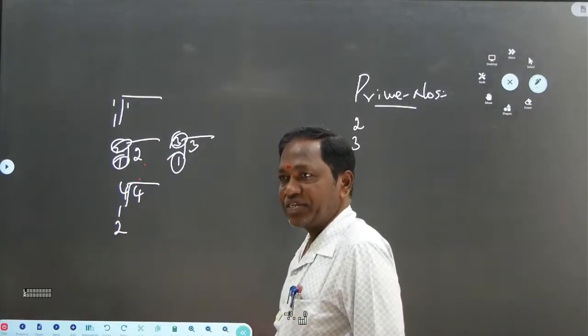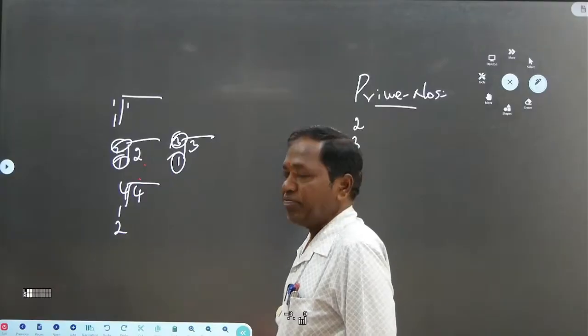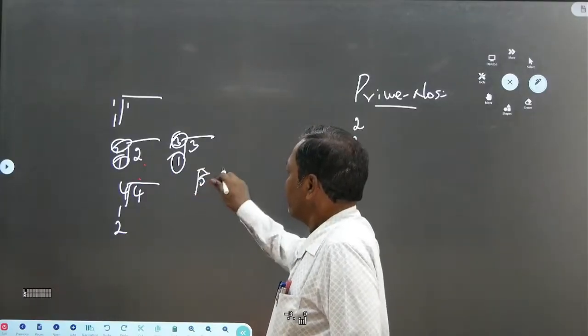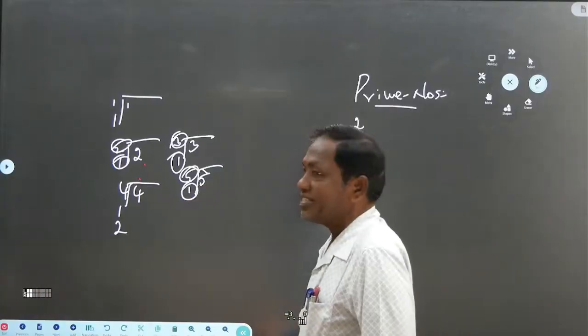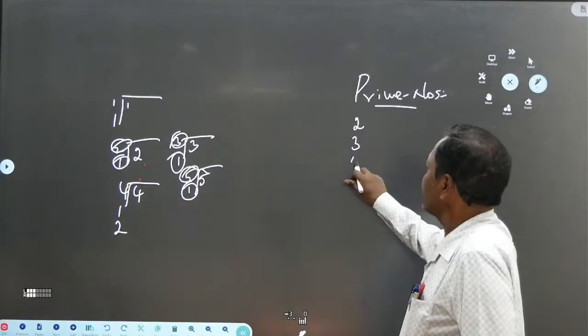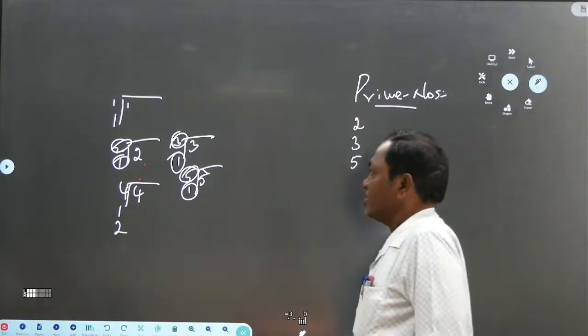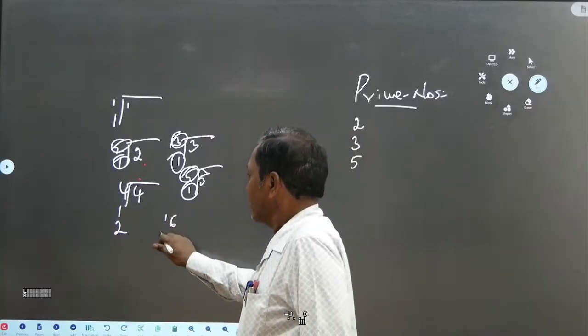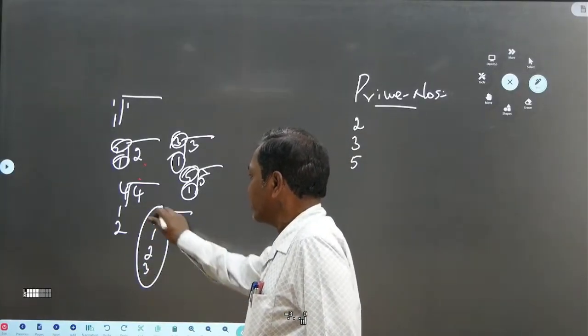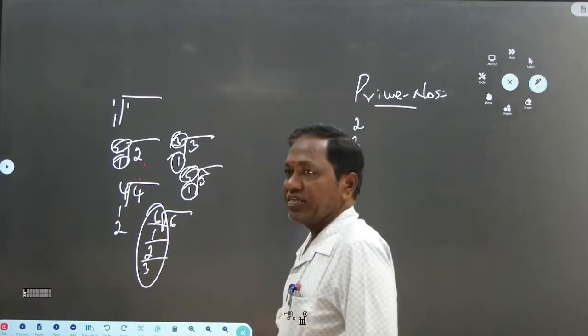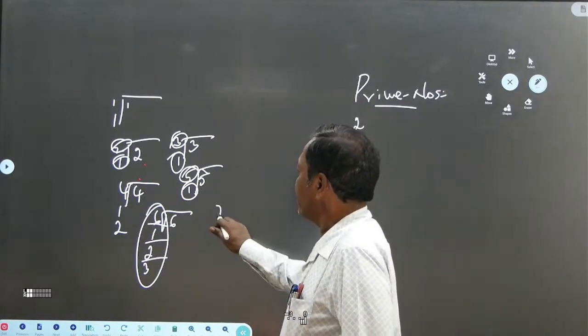There are 3 factors, so 4 is not a prime number. And 5 by itself and 1, so 5 and 1 are distinct factors. So 5 is a prime number. And see, 6 by itself, 1, 2, 3. There are 4 factors. So 6 is not a prime number.